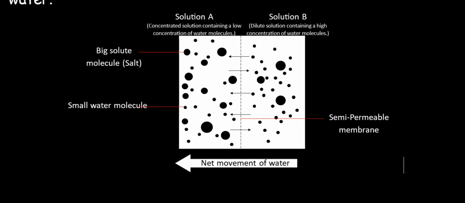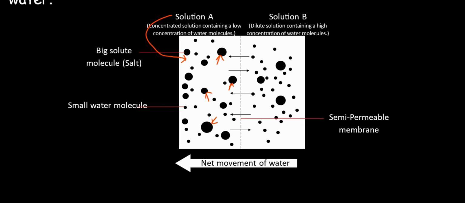So now this is our diagram. From the above diagram, you can see that solution A has a very high concentration of solute dissolved in it, and the solutes are being shown to you. Those are the big solute molecules of salt.